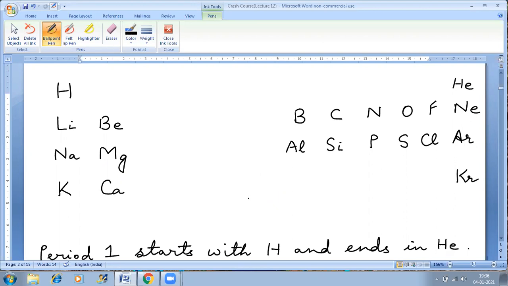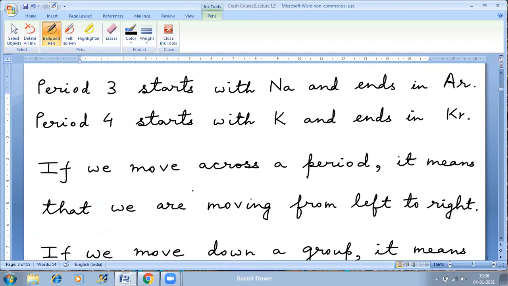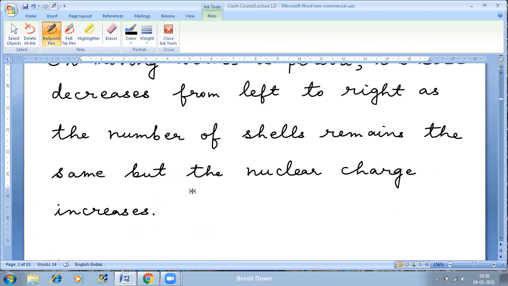That means if I am moving from sodium till argon, the size will decrease from sodium till chlorine, as discussed just now. But from chlorine till argon, the size will increase.